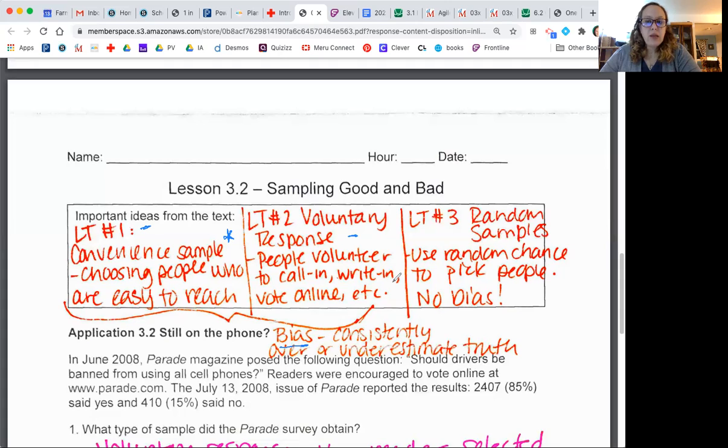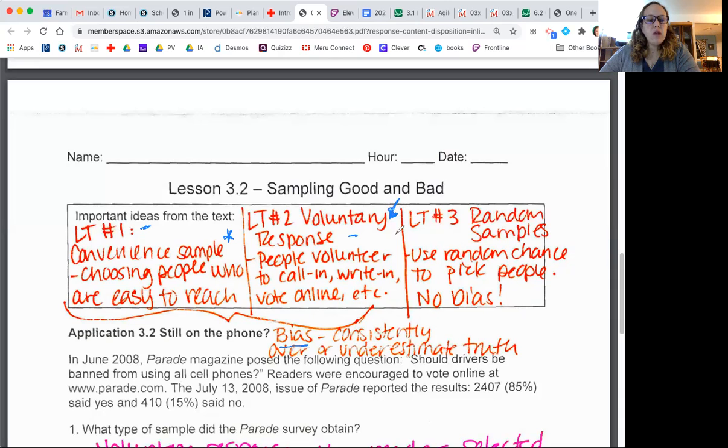Typically, what we see with voluntary response is we get the people who are really passionate about something, so you get one extreme over the other. That's how it lends to bias, where we consistently over or underestimate the actual truth of the data.